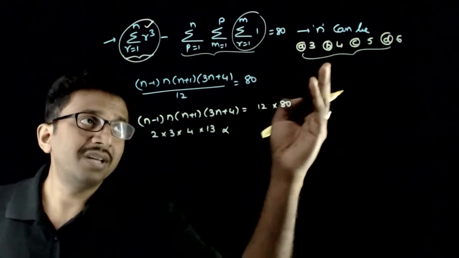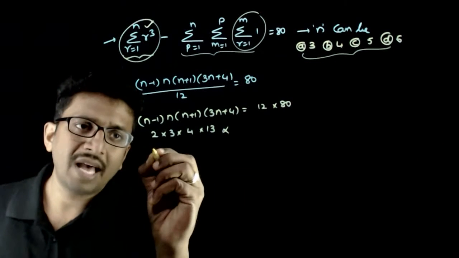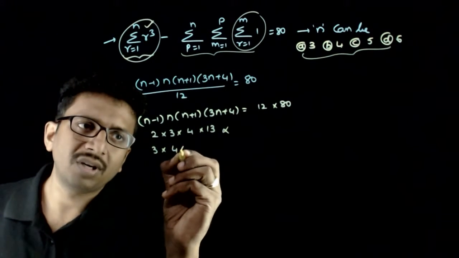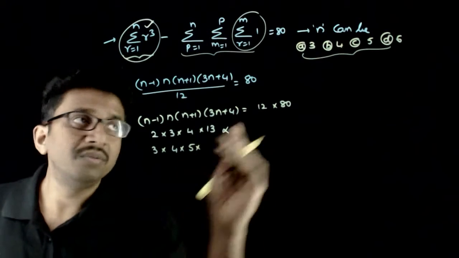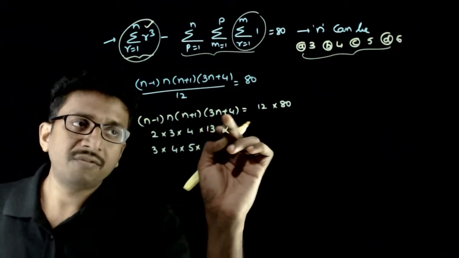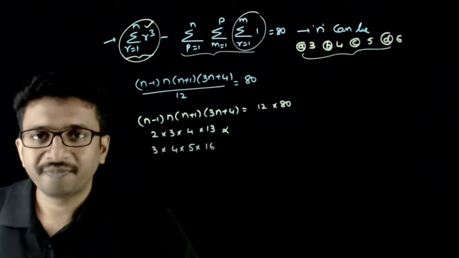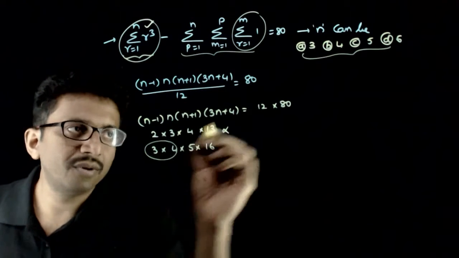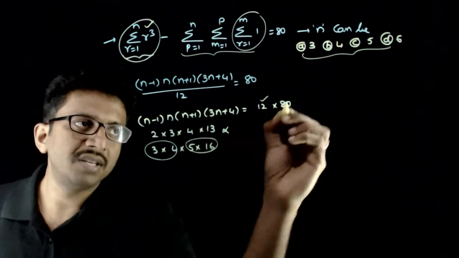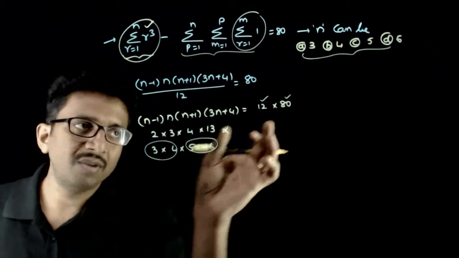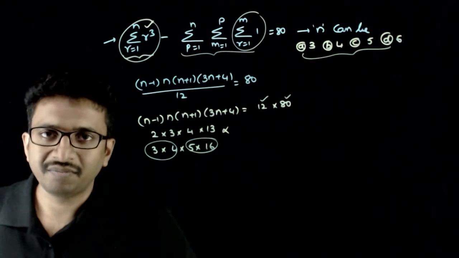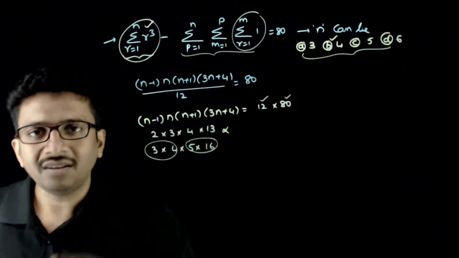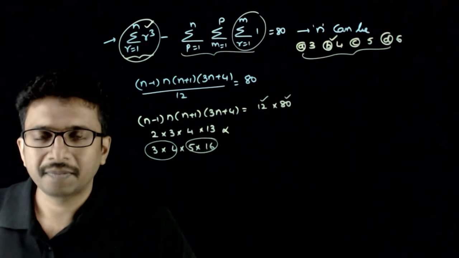And if you put n is equal to 4, you have 3 into 4 into 5 into 12 plus 4, which is 16. You can clearly see that 3 into 4 is 12, 5 into 16 is 80. So this will be exactly equal to 12 into 80. Hence 4 is the right option to this question. Thank you.